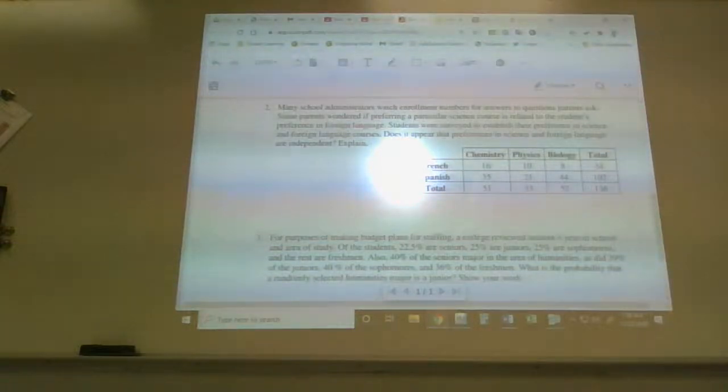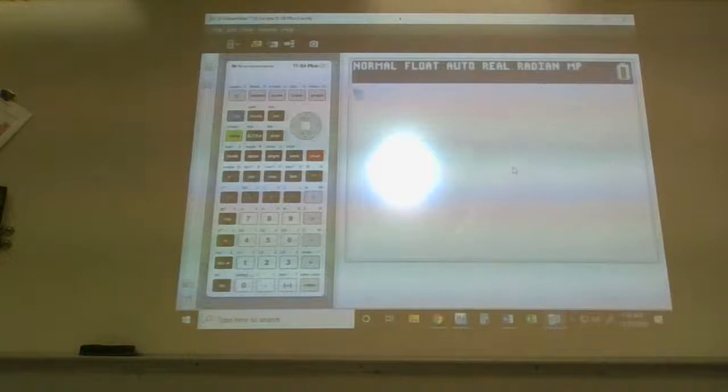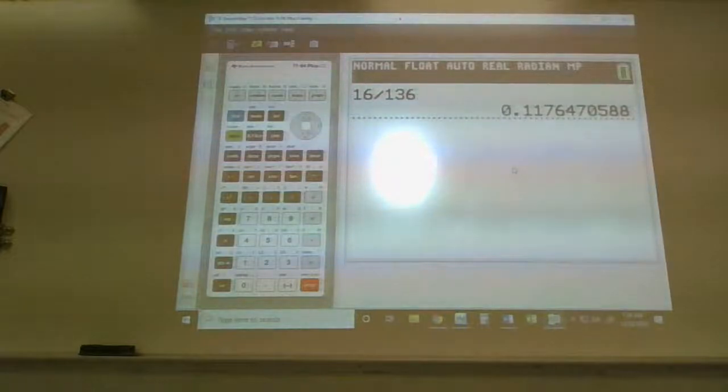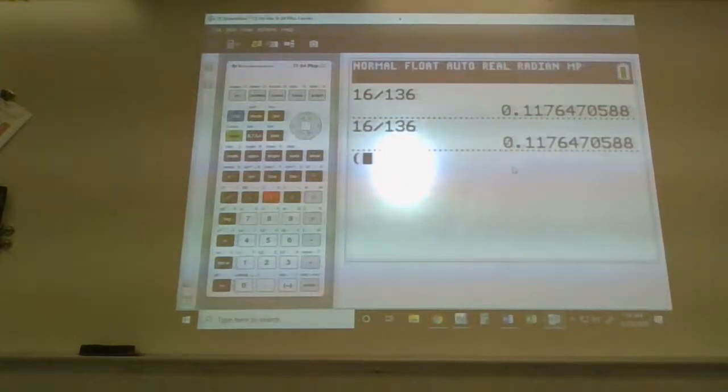In fact, check this out. I'm going to bring this up real quick. 16 out of 136 was clearly the answer to French and Chem. But let's just pretend for a moment that I did 34 divided by 136 multiplied by 51 out of 136.